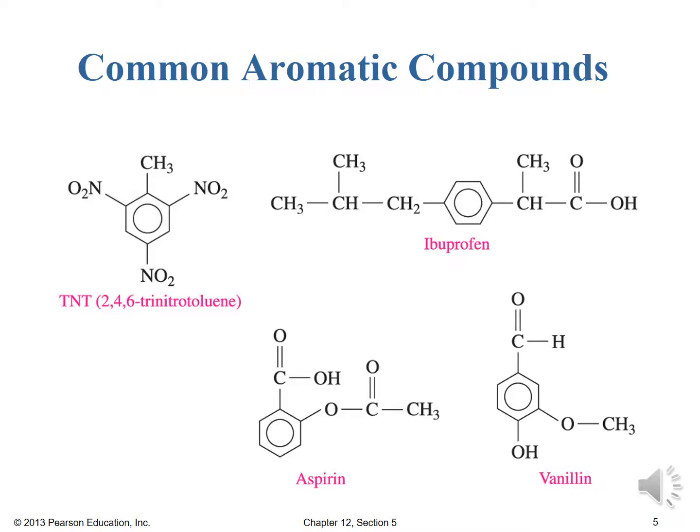We have ibuprofen, right, and that's a common pain reliever, and there's its structure with that sort of central benzene ring. We have aspirin, known much longer than ibuprofen. Aspirin isolated from white willow bark, and we see its structure also has that prominent benzene type ring.